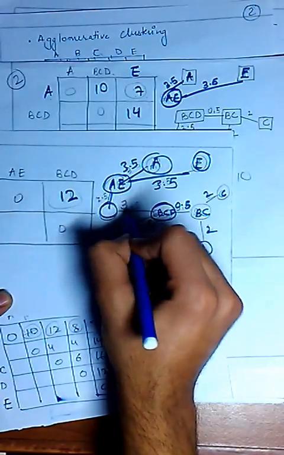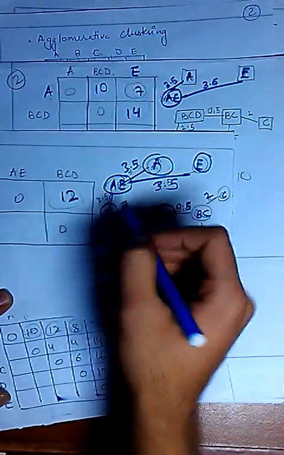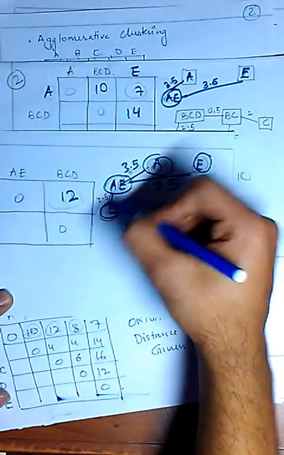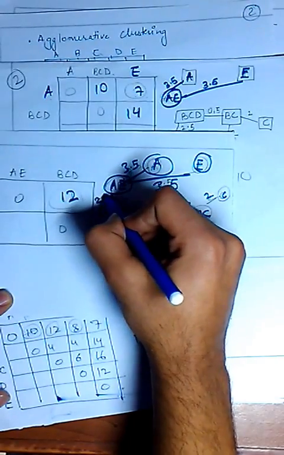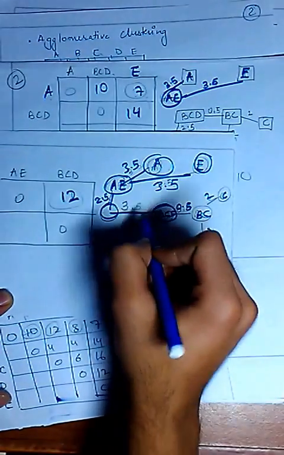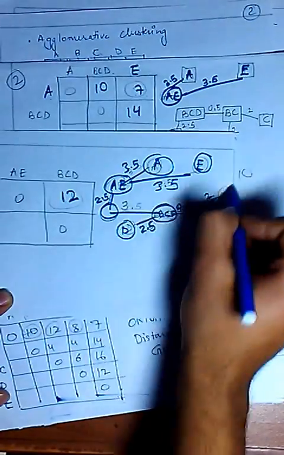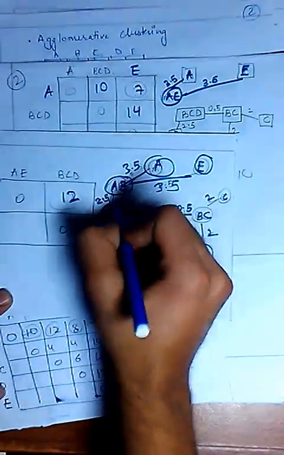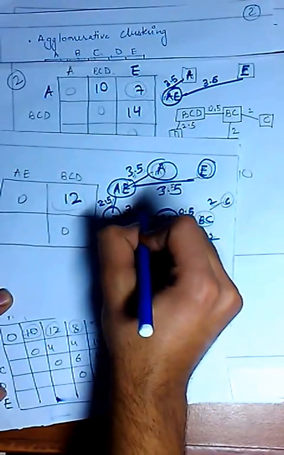Now we combine these two, BCD and AE, and the value is 12. So the value from this node to the leaf node should be 6, so it is 3.5 already here, so this will become 2.5. And this side we can also calculate it. We can calculate it to any of the leaf nodes because it will be equal to all the leaf nodes. So 6 minus 2.5 minus 2.5 is 3.5.